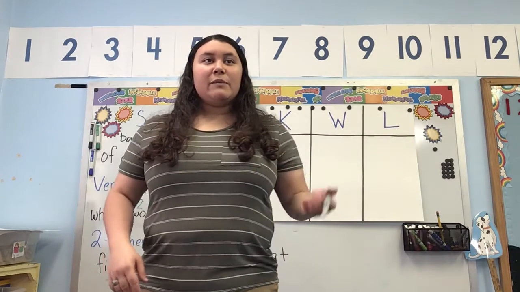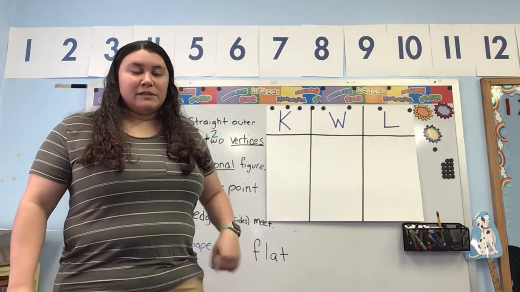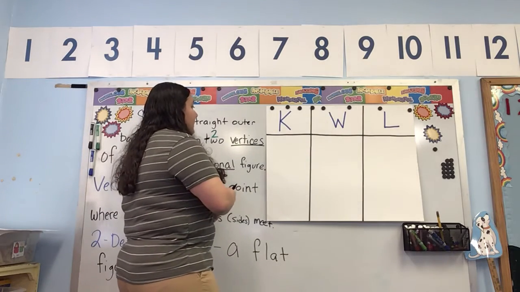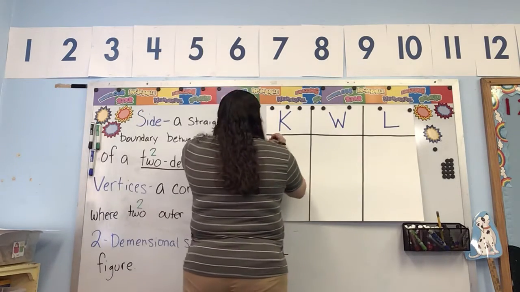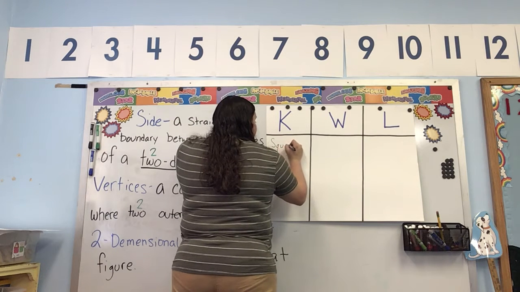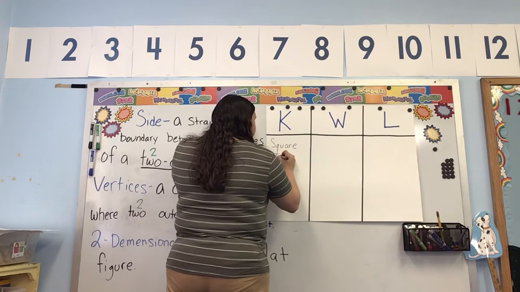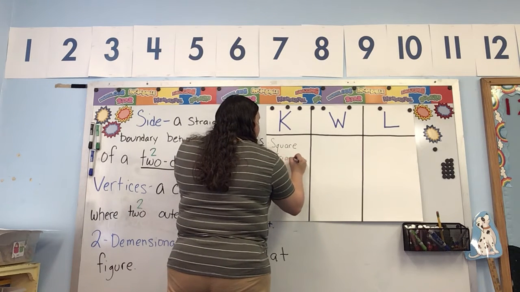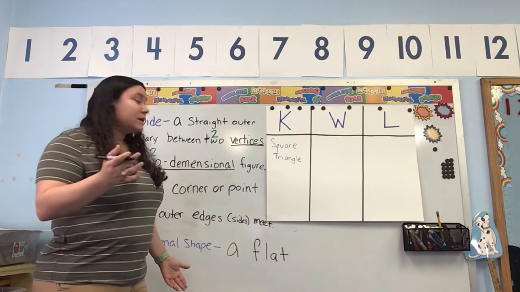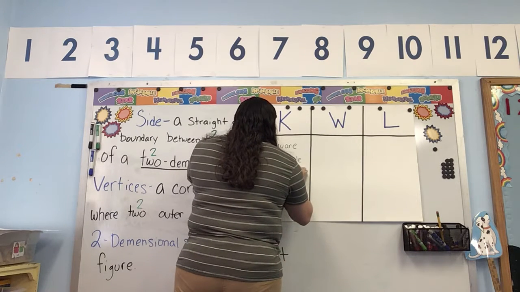So first off, can anybody tell me some things that we know about our shapes? Okay, we know that our shapes could be a square, correct? We know some could be a triangle, good. Okay, we know that our shape can be a circle, good. So we know some of our shapes, right?